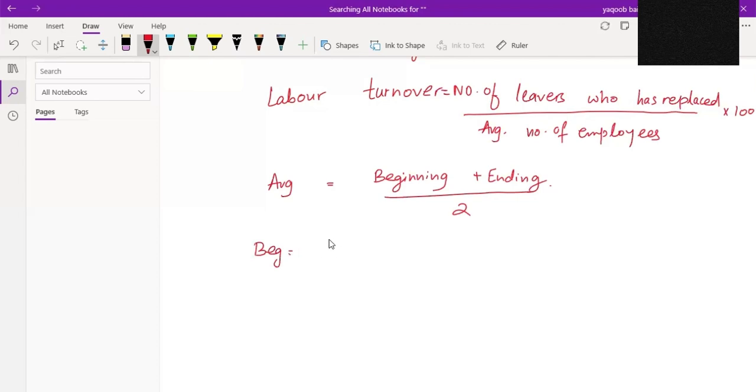Beginning is 5,000 employees, ending is 6,300 employees.